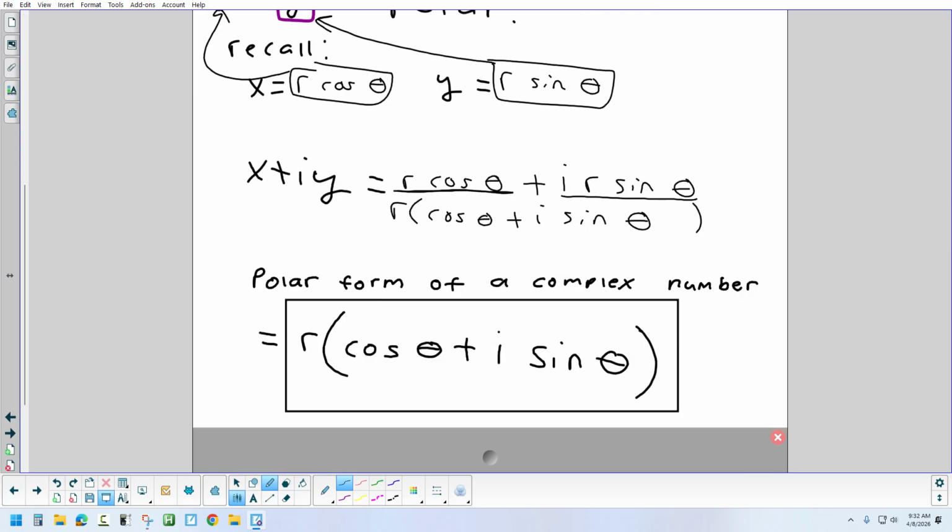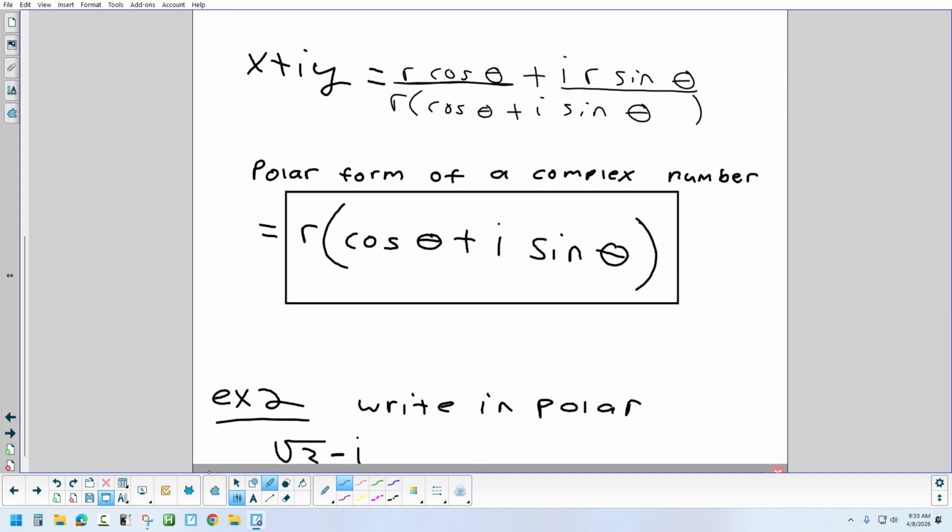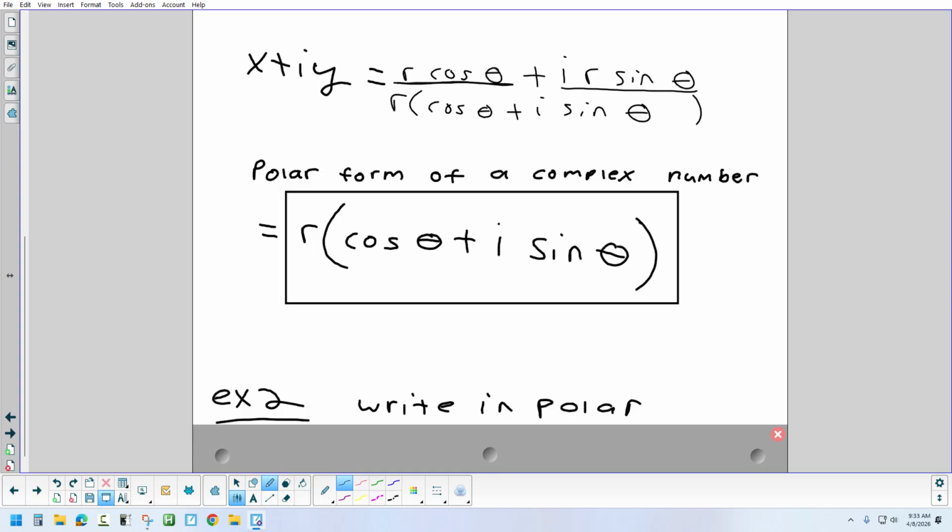That is how you write a complex number in polar. So it's R on the outside, and then a cosine theta plus I sine theta. And that is a final answer. So let me make up a complex number in polar and show you what a final answer could look like. Okay, so these numbers I'm going to write down, I'm just making these up.